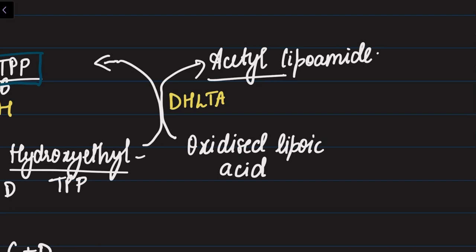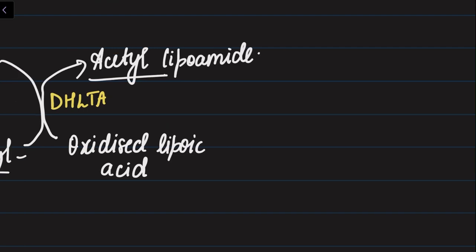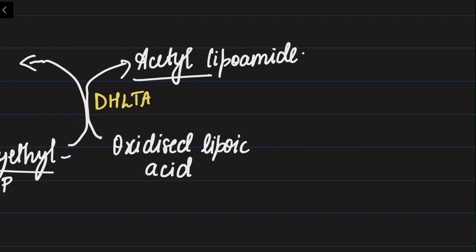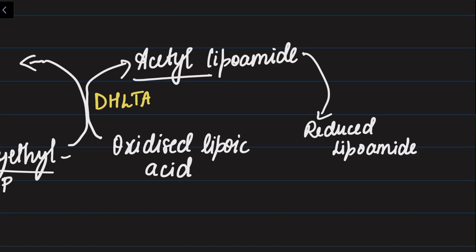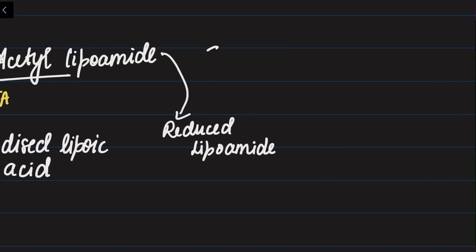Write the whole thing. Next, acetyl lipoamide becomes reduced lipoamide. What does that mean? It means the acetyl is being taken by someone else. Who would it be? It would be our CoA and sulfhydryl group.